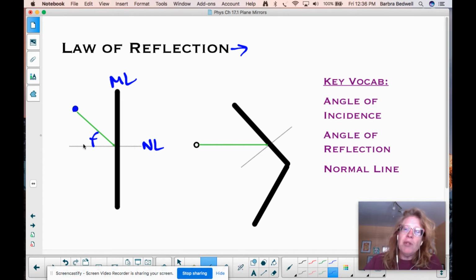Whenever we draw angles, or when we talk about angles, we always talk about the angle between the ray and the normal line, not between the ray and the surface. This is really important. This is something that students get wrong. Notice where I am drawing this. It is between the ray and the normal line, not over here.